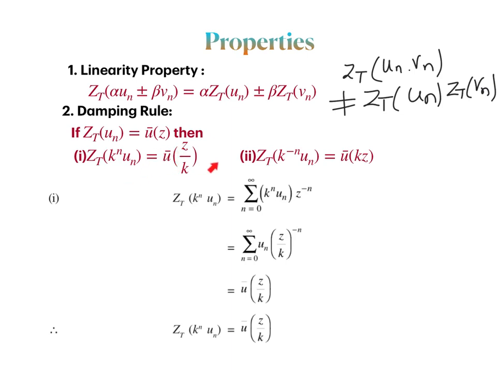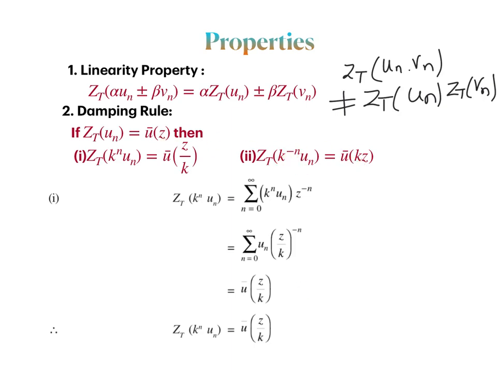This is the first damping rule. Second one, Z transform of k power minus n Un is equal to U bar of kZ. Means when you have k power n into Un, in the place of Z we get Z by k, and when you have k power minus n into Un, we get kZ.